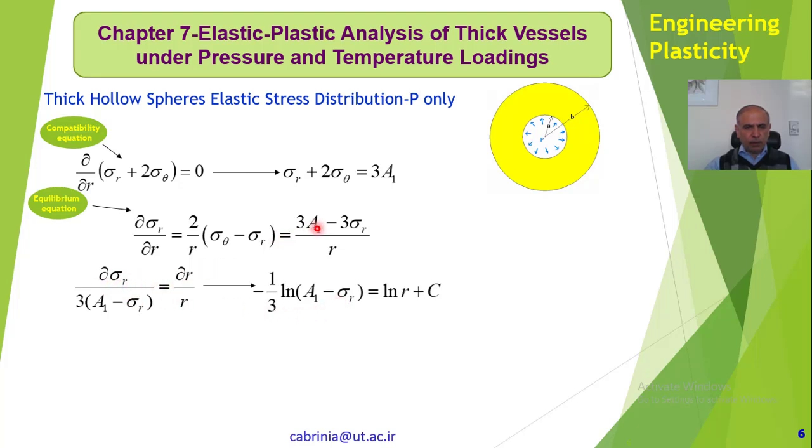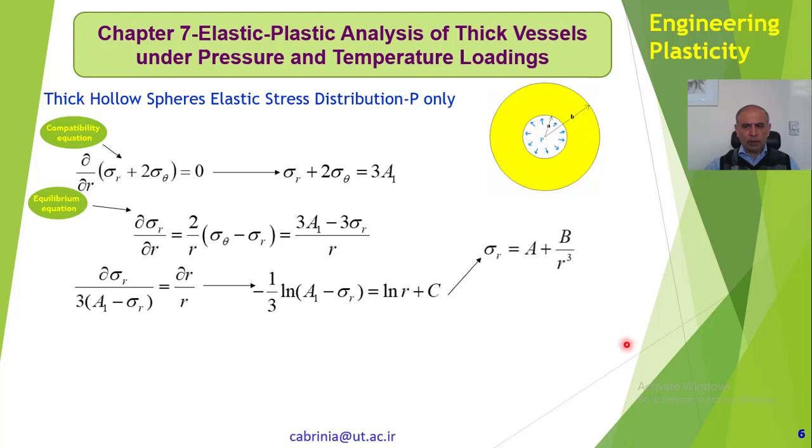Now this equation, partial sigma r over (3a1 minus sigma r) equals partial r divided by r, we can integrate. Okay, because we have only one unknown, which is sigma r, and therefore minus 1 over 3 ln(a1 minus sigma r) equals ln r plus c.